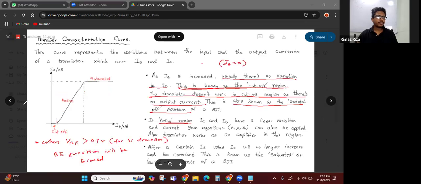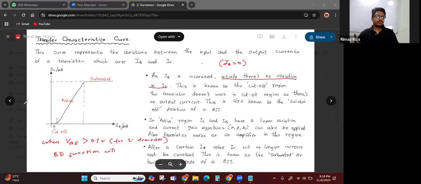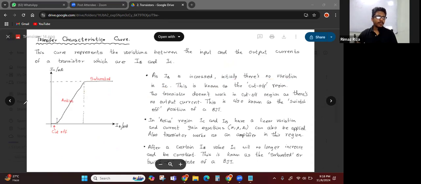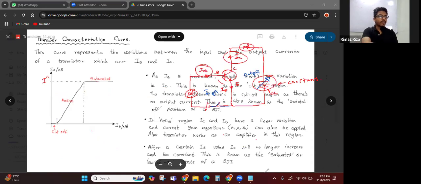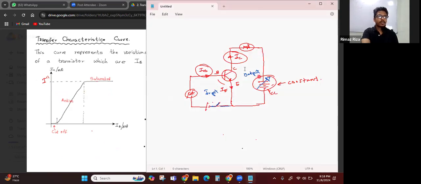In the transfer characteristic curve, we keep this value constant and we study the variation of IC versus IB.